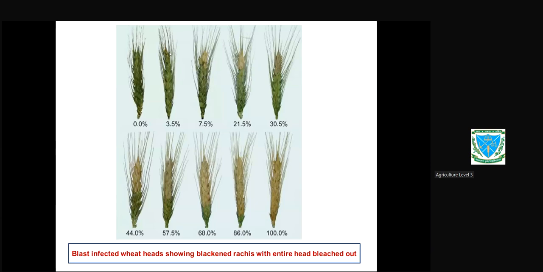For example, initial infection of 1 or 2 grains. And always you can notice the infection from the tip downward. Infection always starts from the top of the head and proceeds downward. It goes toward the bottom, and you see that with grading it gradually increases, and at one point the whole head becomes bleached out.